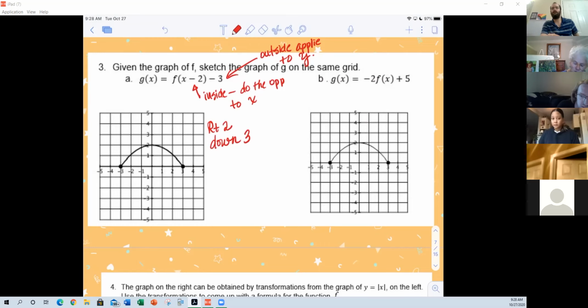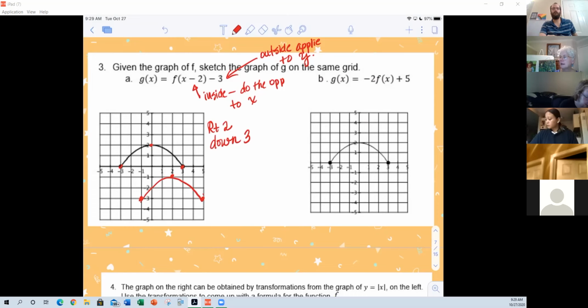So I would just take each one of these points and shift right 2 and down 3. Pick some nice points. Right 2 and down 3, right 2 and down 3. And you're through.